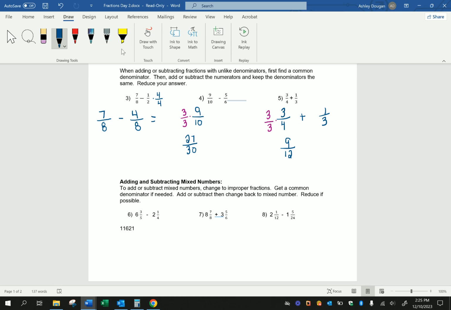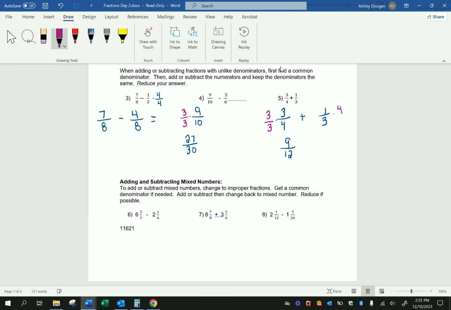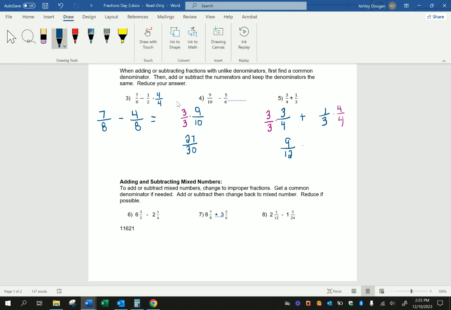I have 1/3. I want to make that 3 be a 12. In order to make that 3 be a 12, I need to multiply it by 4. And I would multiply the top and the bottom by 4. And that would give me 4 over 12. When I add those together, I get 13 over 12. I keep the bottom the same.